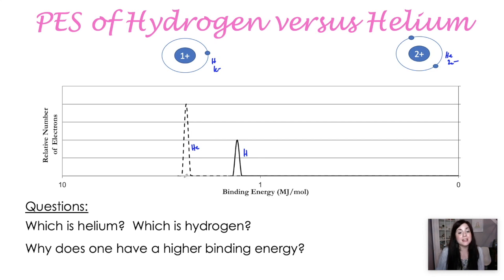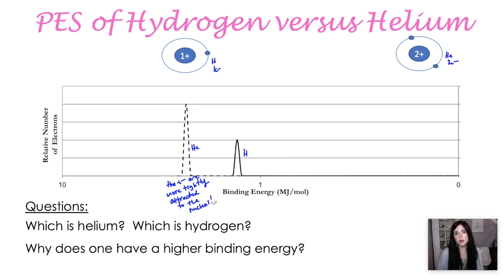So your binding energy is greater. We'll say binding energy for helium is greater, and this is because the electrons are more tightly attracted, or strongly attracted rather, I'll just keep tightly there for now, to the nucleus. And this is really what it comes down to. Photoelectron spectra really doesn't get any more complicated than this.